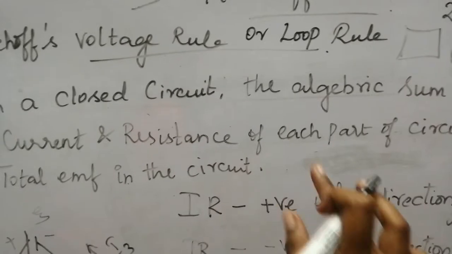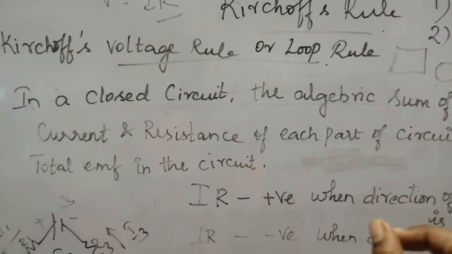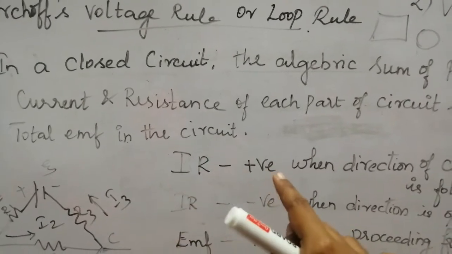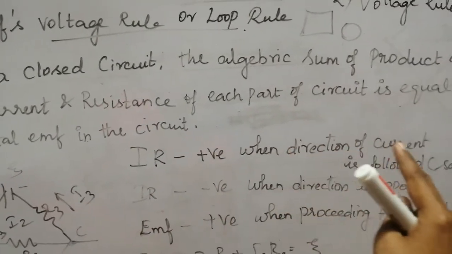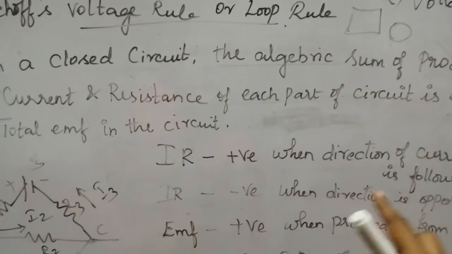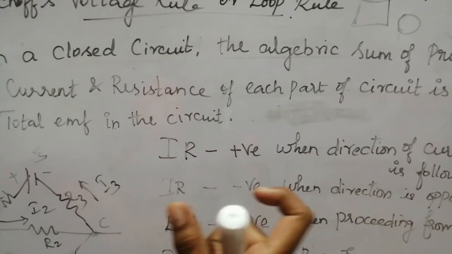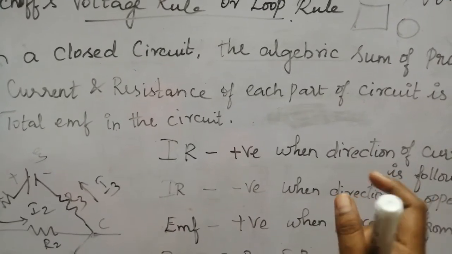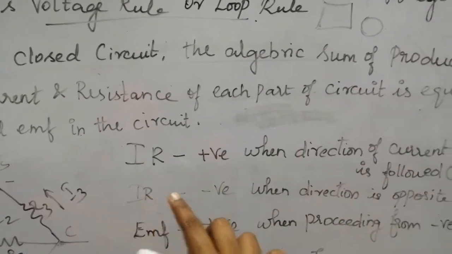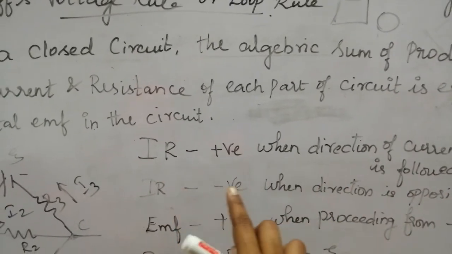If you write it like this, you will have some positive values and negative values. IR will be positive when the direction of current you take is the same in all the cases. If the current flowing direction changes for each resistance, that is, if it is opposite, then it is taken as negative.